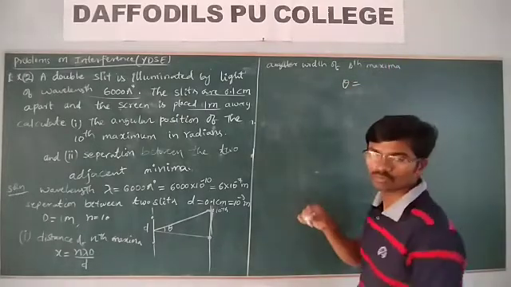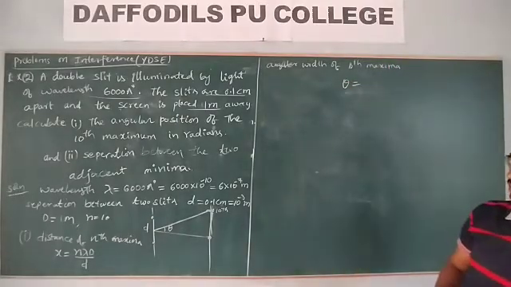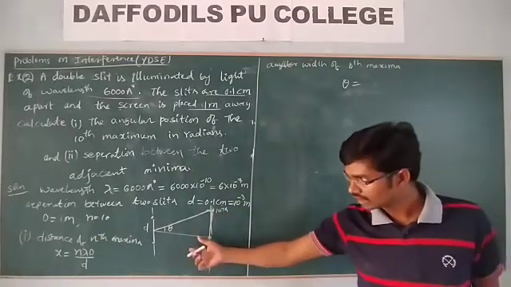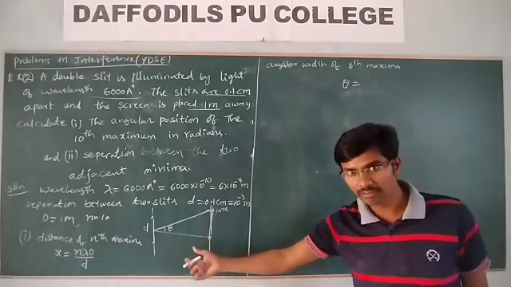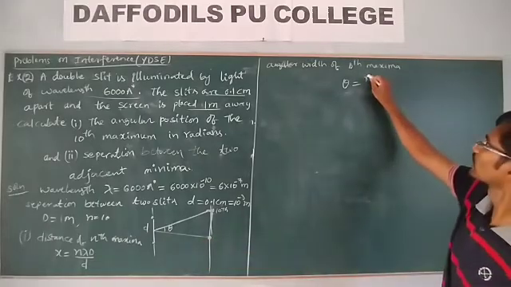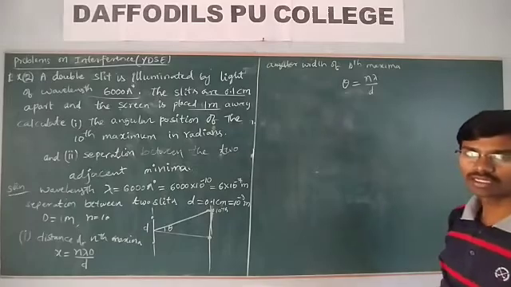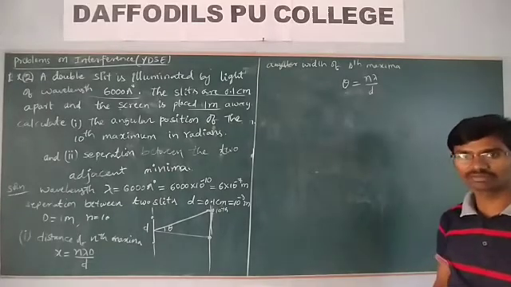Theta is the angle, which is x by D, or n lambda D by d divided by D. So theta is n lambda by small d, or beta by capital D.